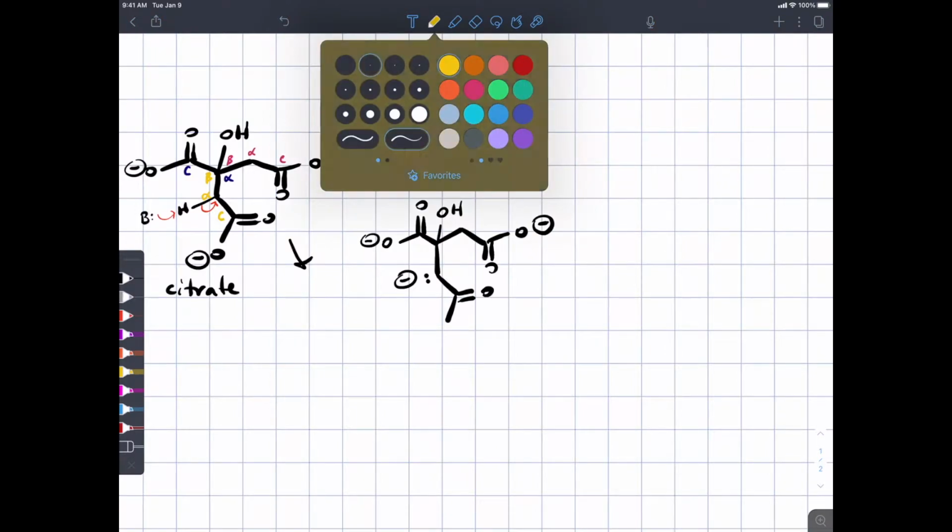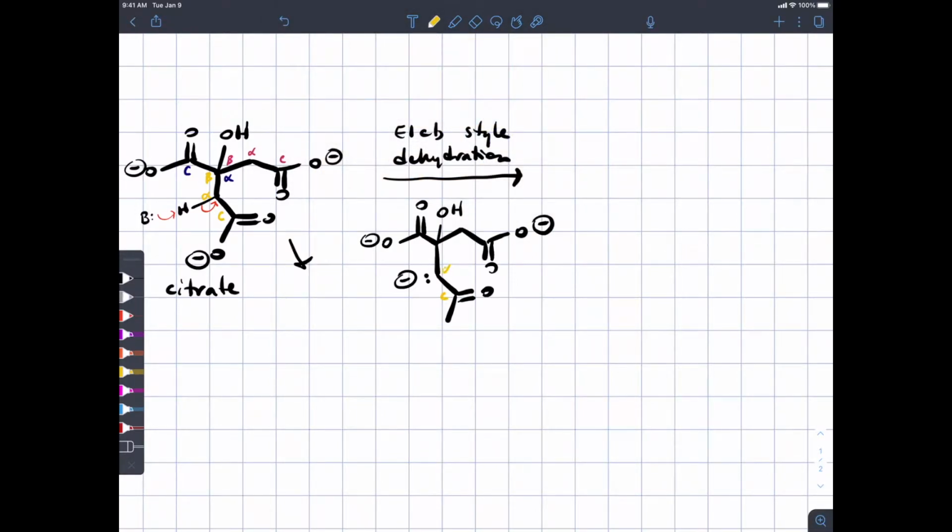So for right now, I'm just going to stick with carbonyl carbon alpha and beta carbons. Okay, so this is the dehydration reaction, and it's going to give us as a product the following molecule.